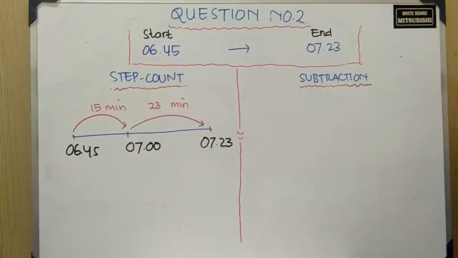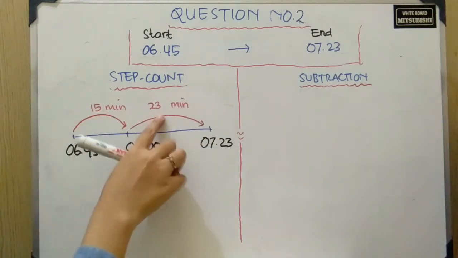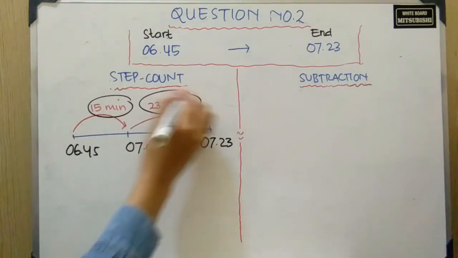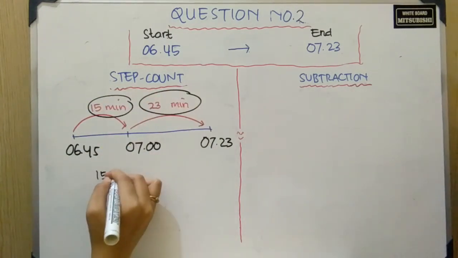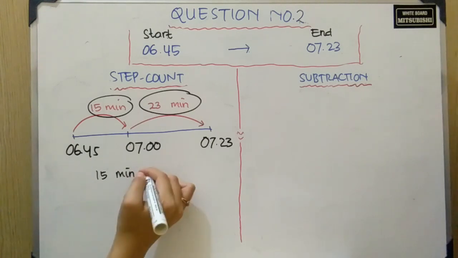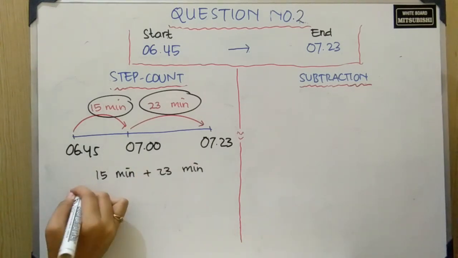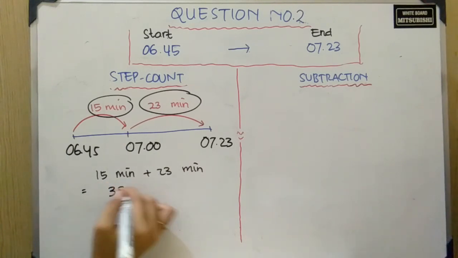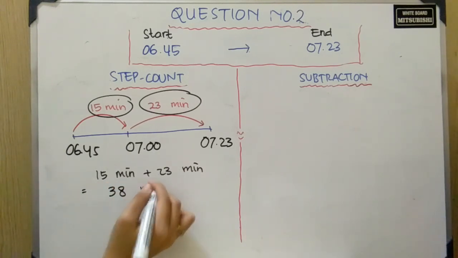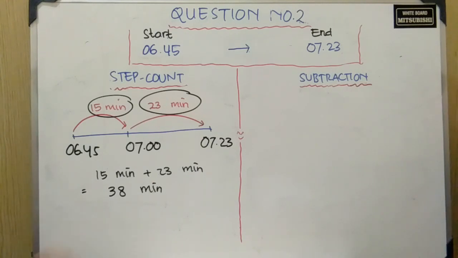So the time interval is 15 plus 23. So here 15 plus 23 is 38. So Fania took 38 minutes to get to school.